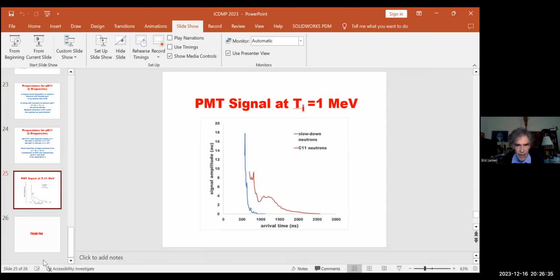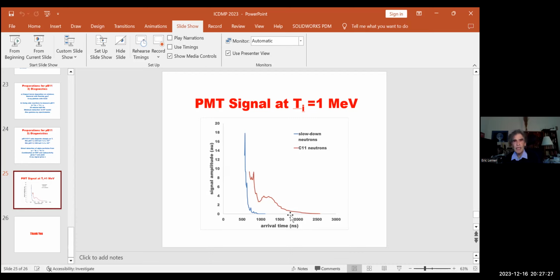So to give an example, this is calculated. If we get up as high as 1 MeV, and I'm using this high temperature because it just makes the graph easier to distinguish, we will be able to easily distinguish the time of flight of the carbon-11 neutrons, which are going to have this low energy bump arriving long after the main pulse, from the neutrons, what we call the slowdown neutrons, from the alpha particles reacting with the background boron 11, which is going to have this fairly sharp peak at a delay of about 600 nanoseconds.